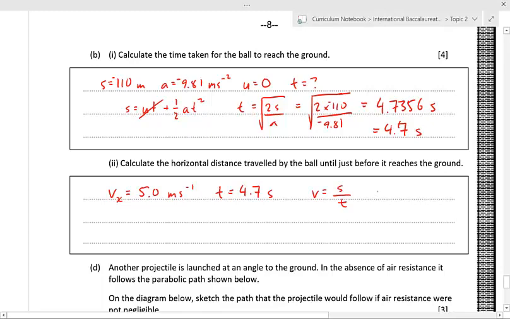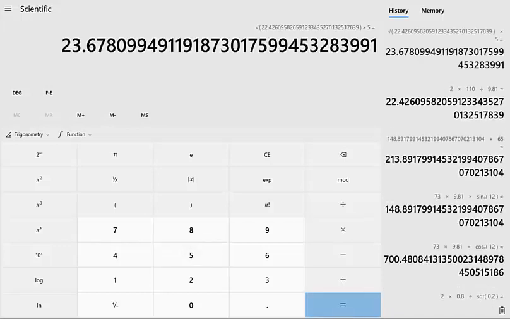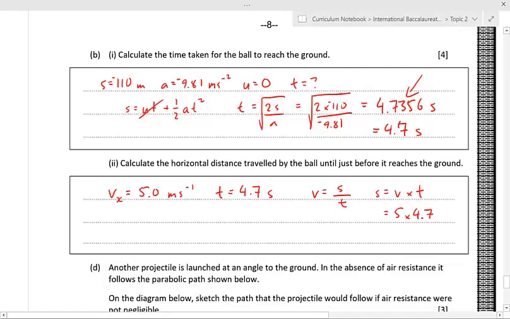So s is equal to v times t, which is equal to 5 times 4.7. And when we do this on the calculator, we'll use this unrounded number. It's 23.67 meters, and that is equal to 24 meters to 2 significant figures.